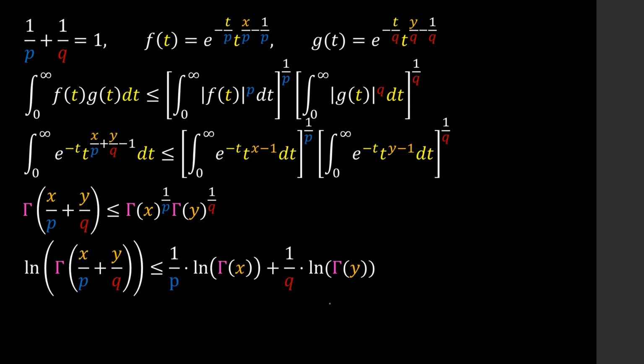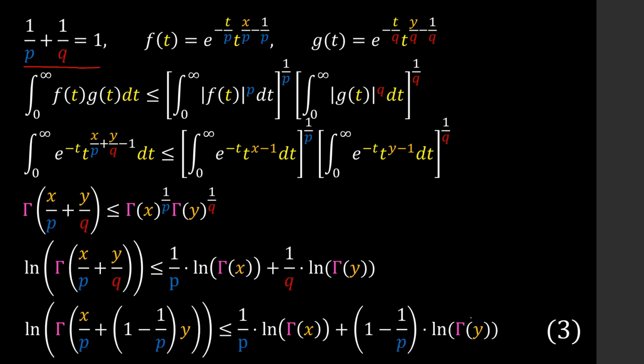And now if I use this final identity here to write 1/q as 1 minus 1/p, we end up getting this identity here, which might seem like too much, but it's actually not that hard to understand. We've got the log of gamma of x/p + (1 - 1/p)y is smaller or equal to 1/p times the log of gamma of x plus (1 - 1/p) times the log of gamma of y.